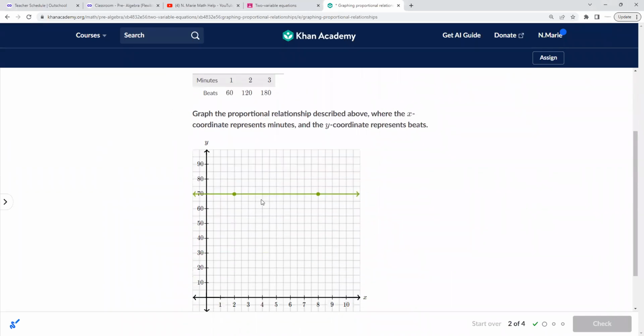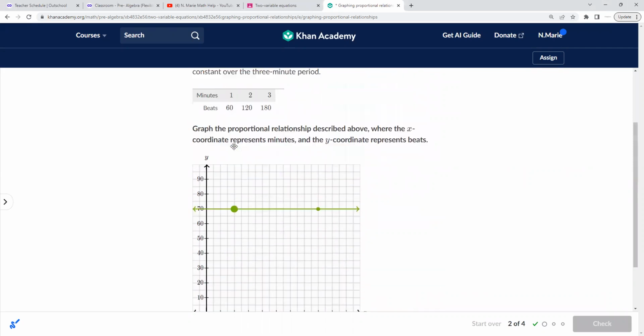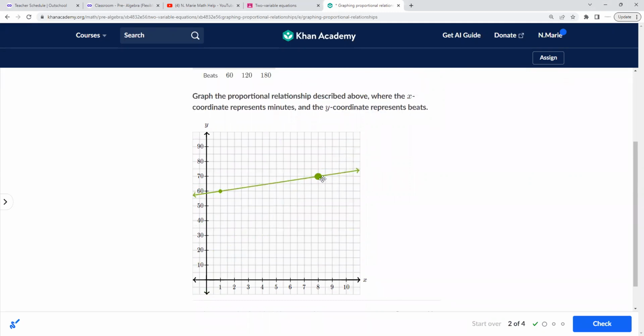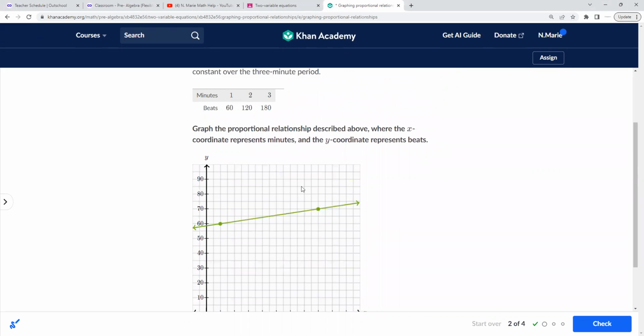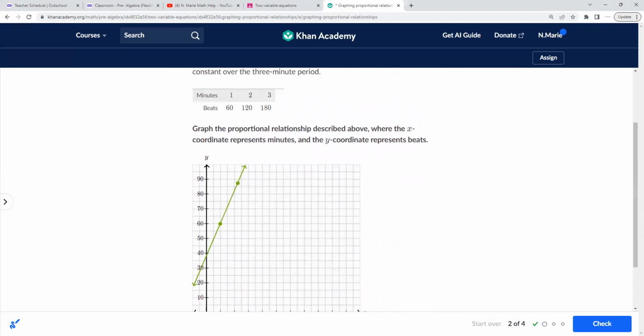And so here they just want you to graph the proportional relationship. So 1 minute is 60 beats, right? 1 minute, 60 beats. You want to put it where it meets. And we'll just do the second one. 2 minutes is 120 beats. That's not going to fit. So it looks like it's going up by 60. Up 60, up 60.